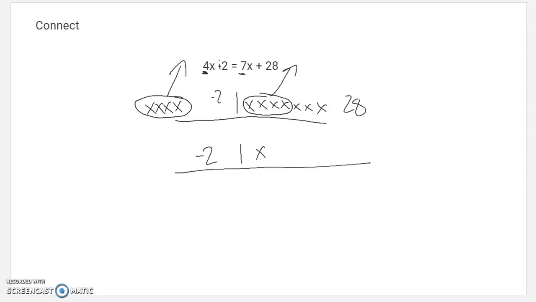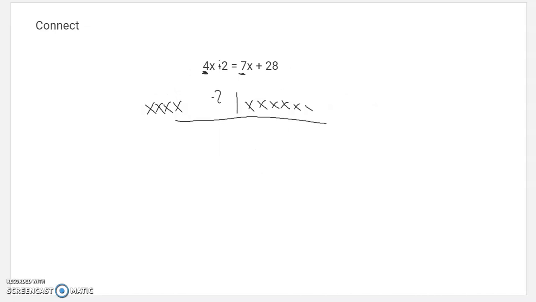It would have been the same. I'm going to go all the way back to the start of this. This would have also worked exactly the same way. I don't think we did any this way if both of those coefficients were negative. If this was a -4 and this was a -7 and they still matched, we still could have done that same technique.